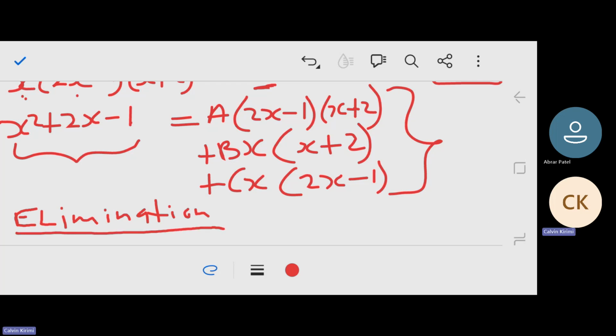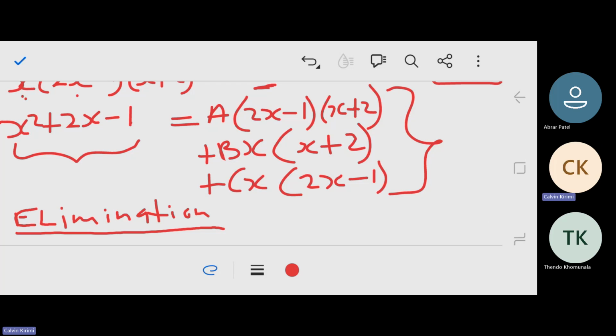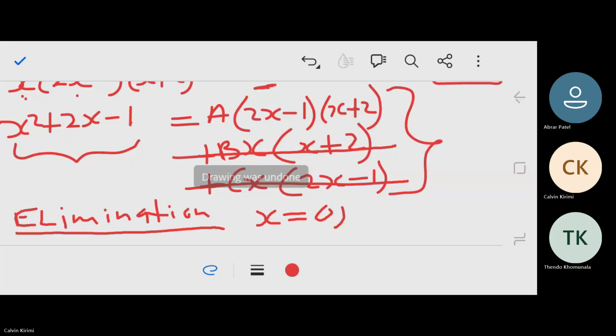So by elimination, what do we mean? We are going to let x equal 0 first. If x equals 0, B will vanish, C will vanish, and then we can solve for A. So we let x equal 0 to solve for A. Then you also let x equal negative 2.